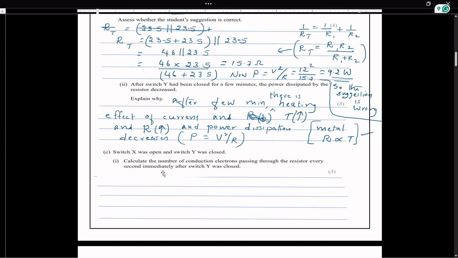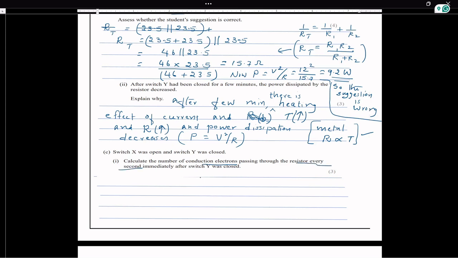Let us move on to the next part of the question. When switch X was open and switch Y was closed, calculate the number of conduction electrons passing through the resistor every second immediately after switch Y was closed.